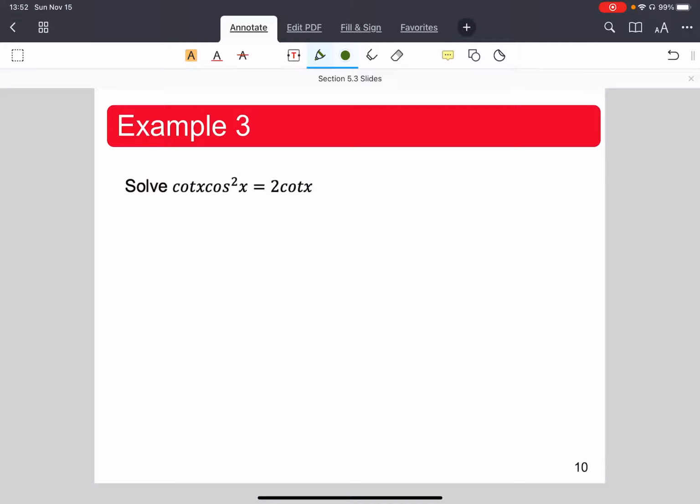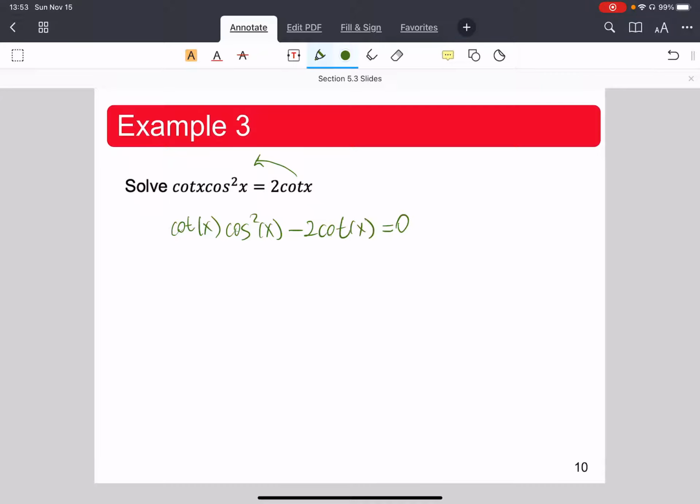Okay, hopefully you had a chance to practice this. So I'm going to go ahead and solve this equation. First thing we're going to do is isolate functions on one side, right? So I want to potentially move this cotangent to the left side and see if I can simplify with the other functions. So I have cotangent times cosine squared x minus 2 cotangent x equals 0, right?